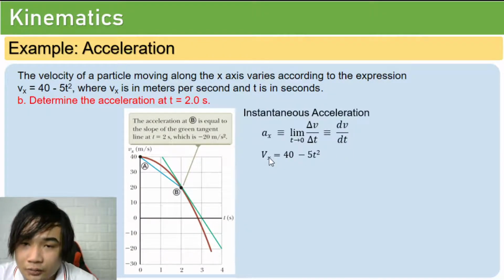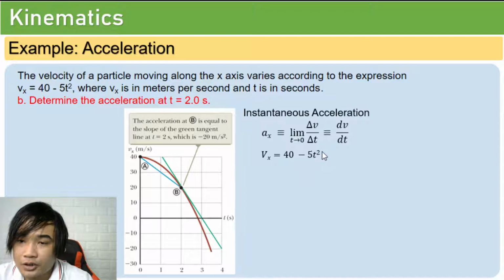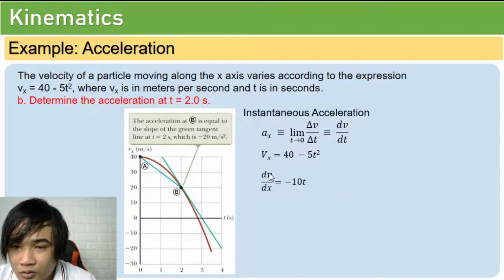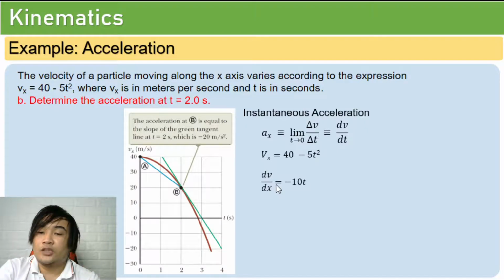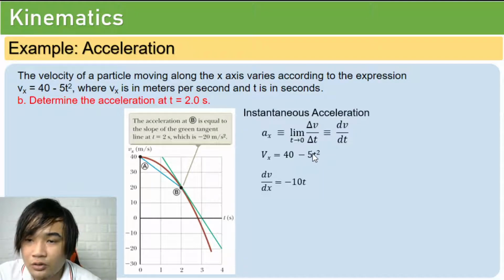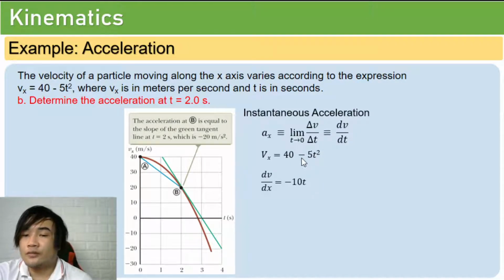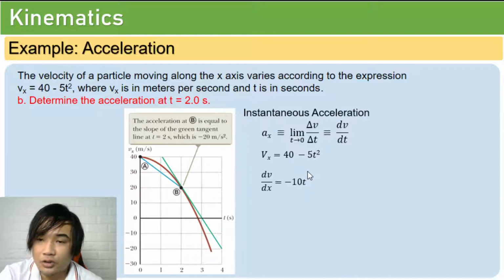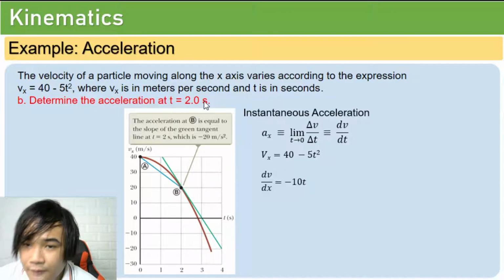We have the formula Vx is equal to 40t minus 5t squared. Take the first derivative: the constant 0, then by the power rule, negative 10t. Substitute at time equals 2 seconds.